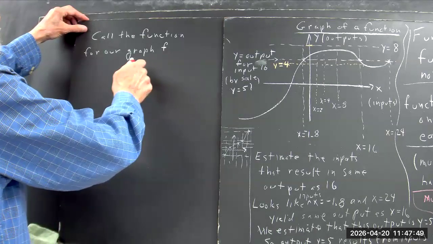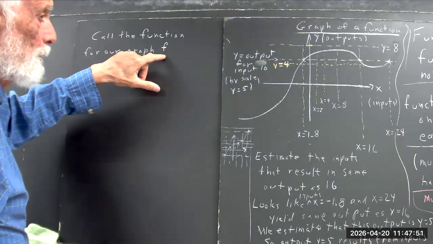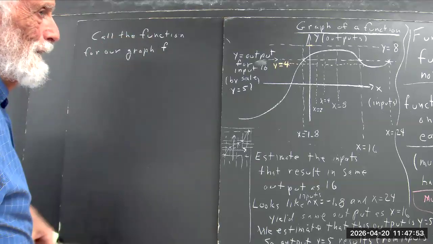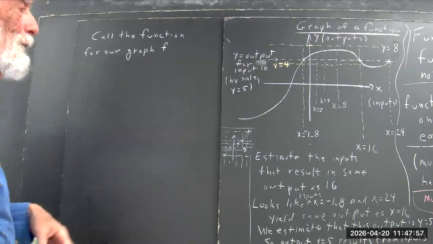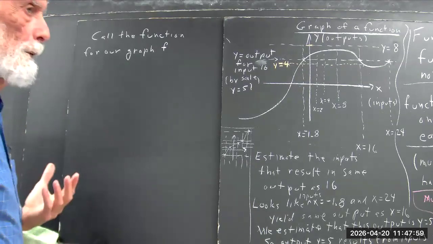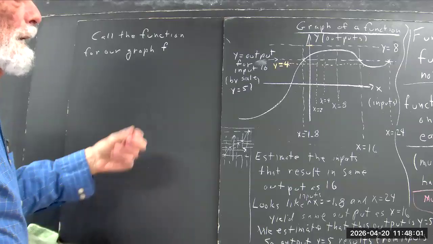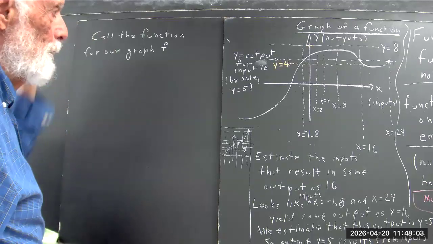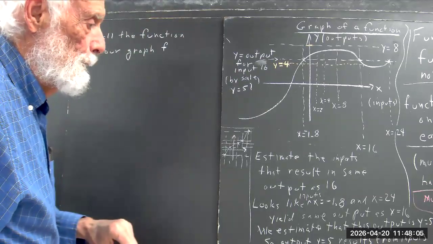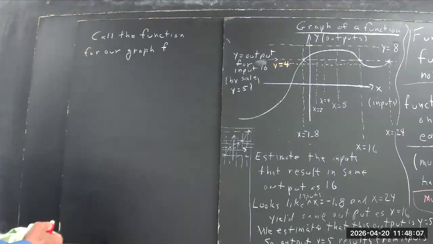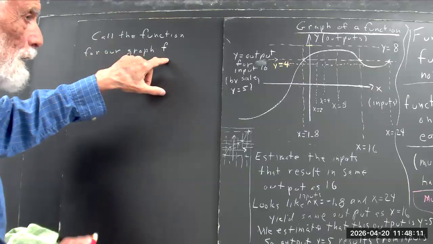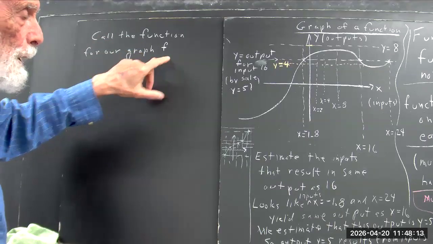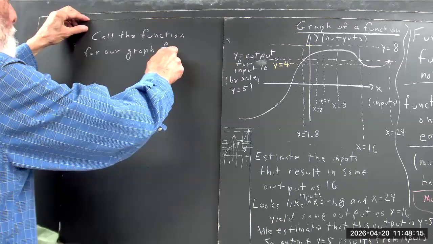Okay. Not a very imaginative name for a function. And of course, we often use g or h for functions. We can use any letter or any symbol to represent the function. We could make up a symbol and say that this symbol is the name of this function. But we're going to use f, the least imaginative thing that we could possibly use.